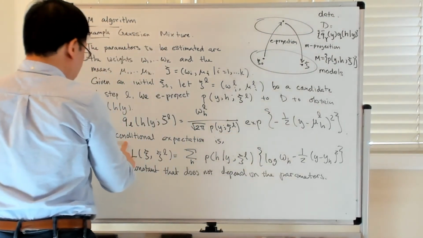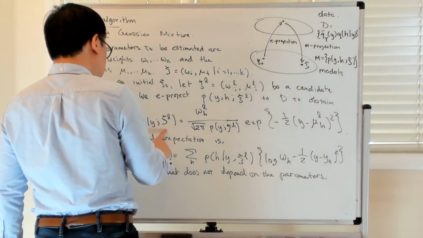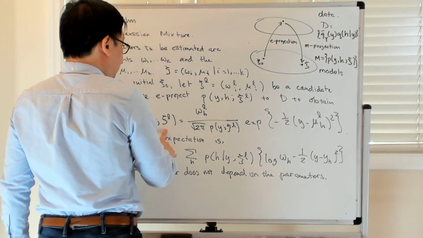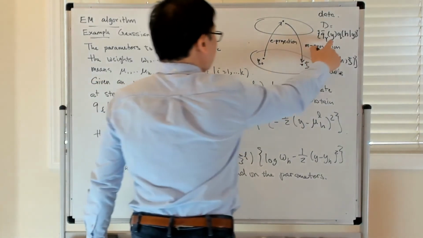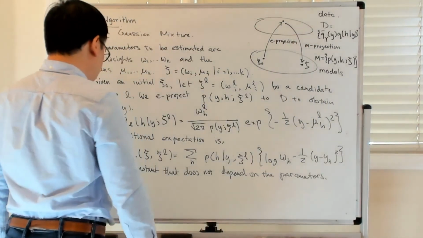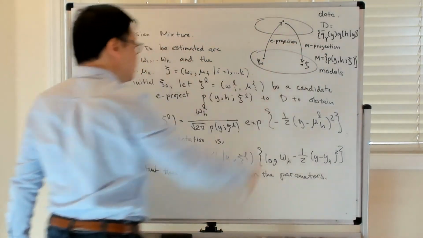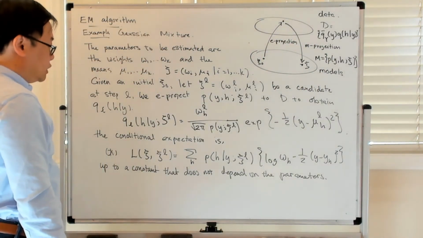Computing this conditional distribution is what allows you to find the point in D which you want. Once you have that, you do the M projection back onto the model submanifold.